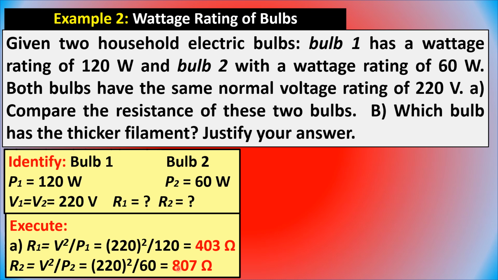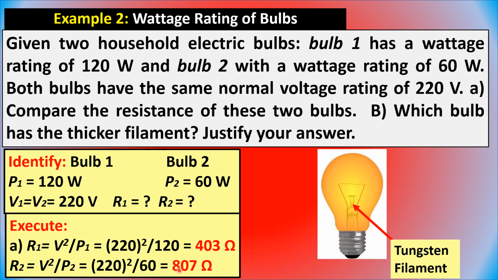Now, R2 is almost twice the amount of R1. What do these values for R tell us about the thickness of the bulb filament? Remember, in an electric bulb, the filament is usually made of tungsten.